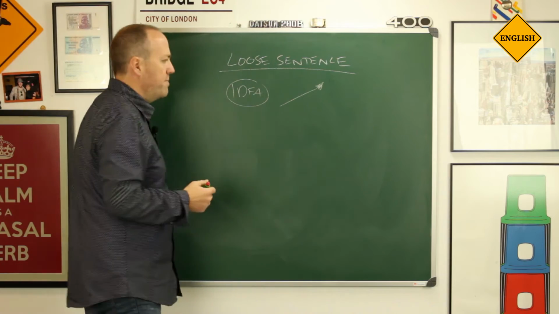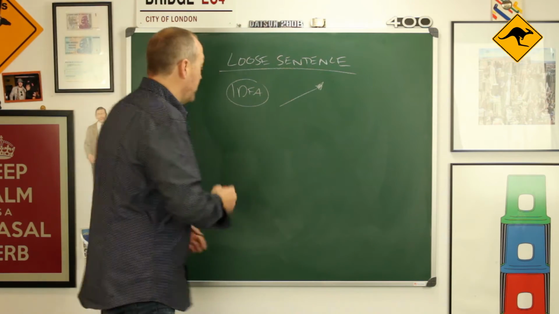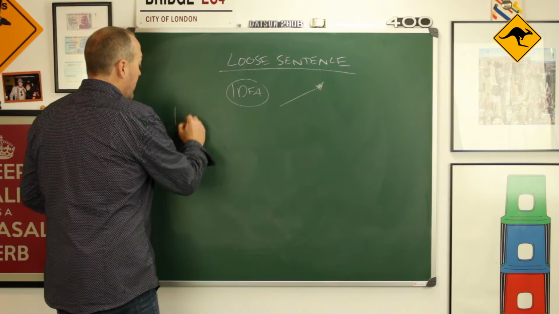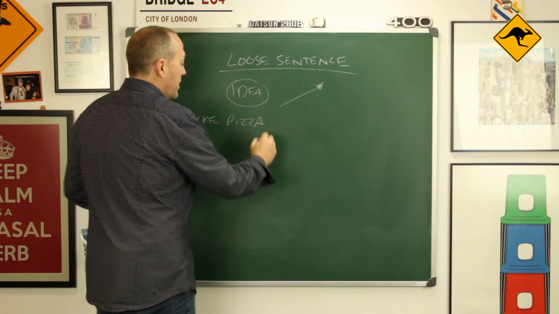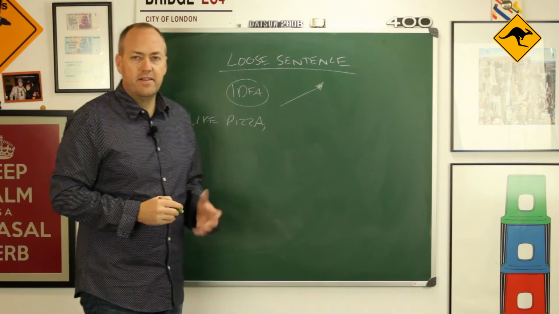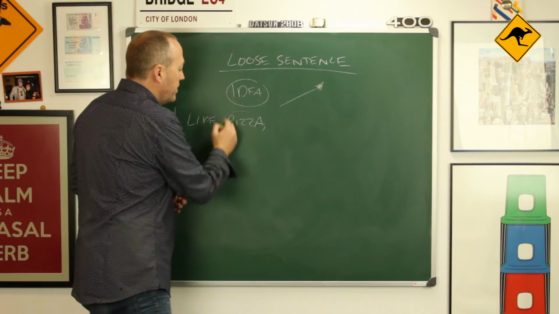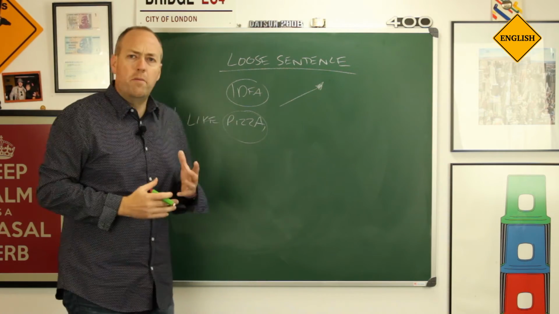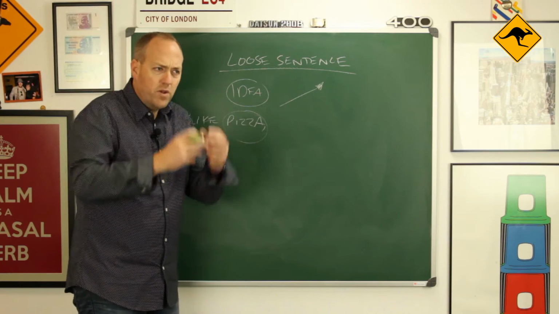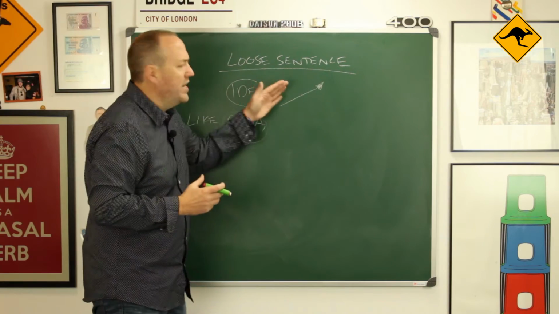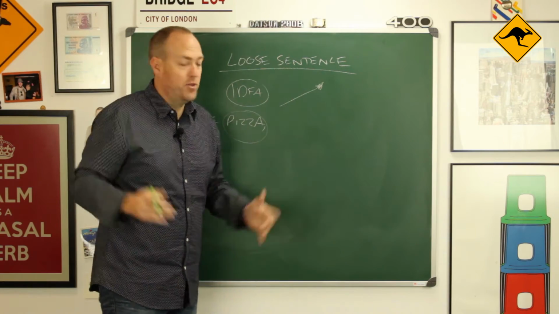For example, again, we're going to talk about pizza. I like pizza. And now we're going to talk some more about pizza, about this idea of what is pizza. We're going to really build up this beautiful image of the pizza.